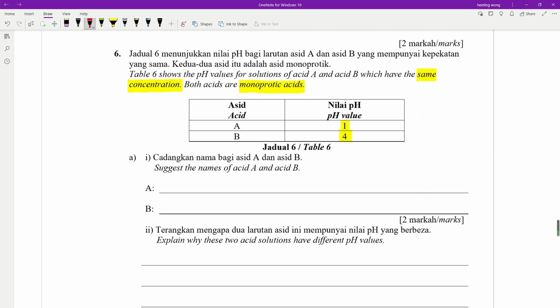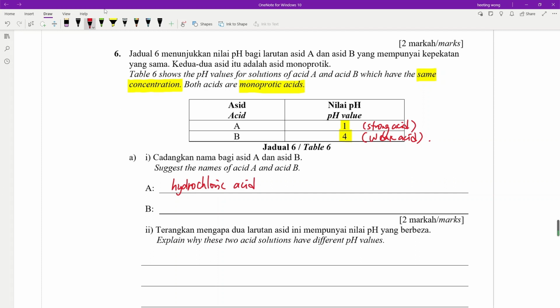So we know that this lower pH means a strong acid, and this one is a weak acid. Suggest a name for acid A and acid B. So acid A should be a strong acid, so it would be hydrochloric acid. Must be a name now.